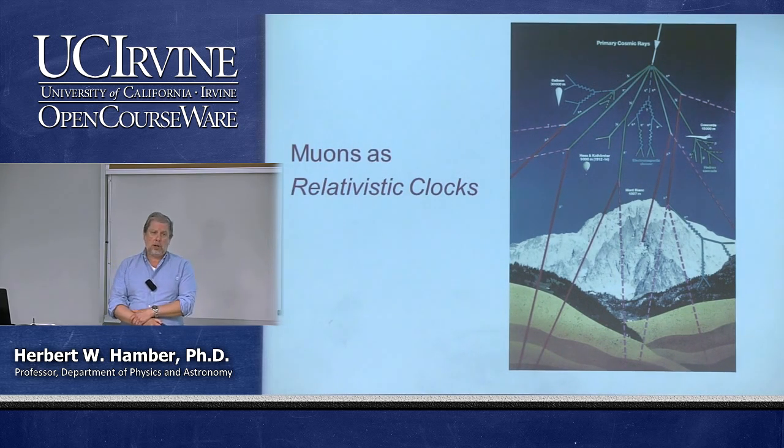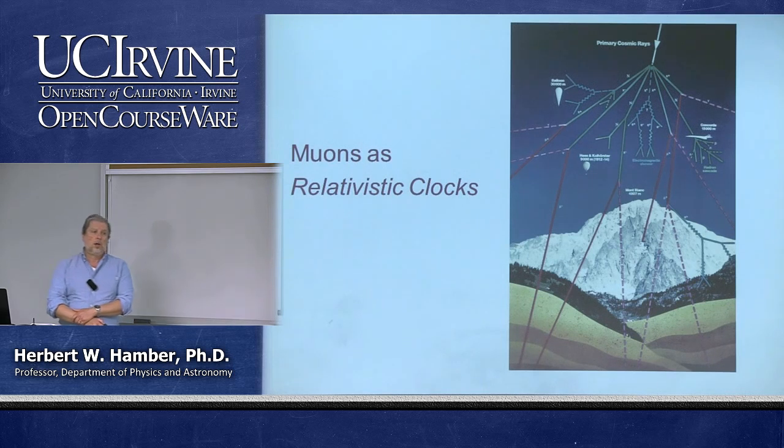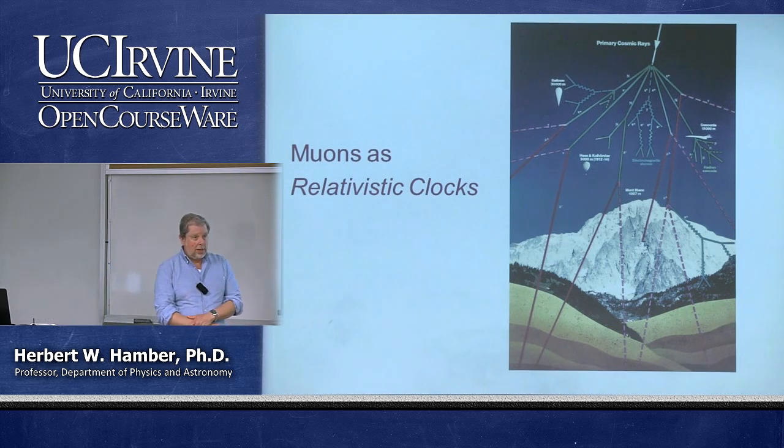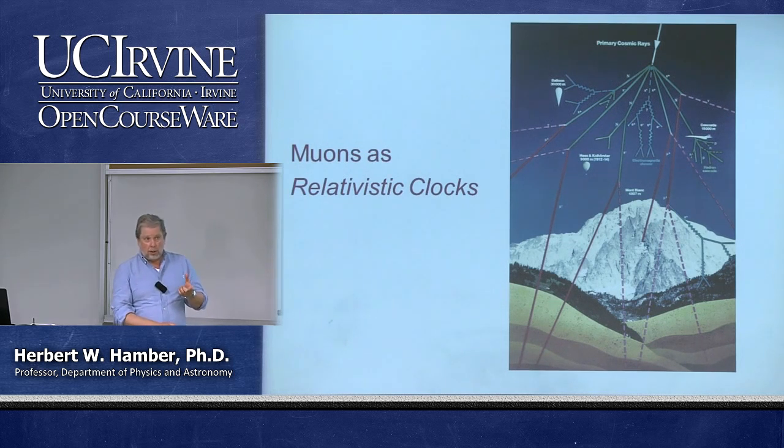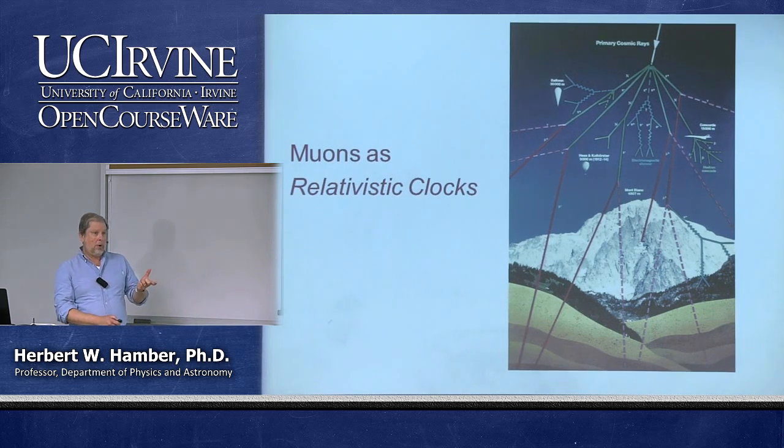And those muons actually are fairly long-lived. So the muons that are created in the upper layer of the atmosphere go down and reach the surface of the Earth quite easily. They are a test of time dilation, because there is a natural clock associated with the muon, which is its decay time, right?